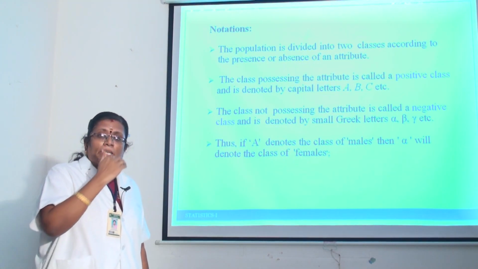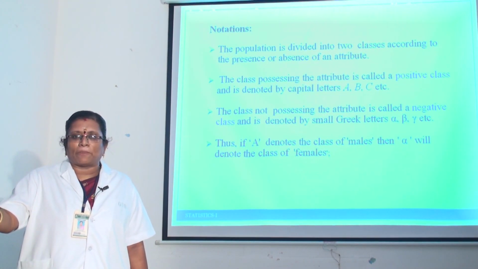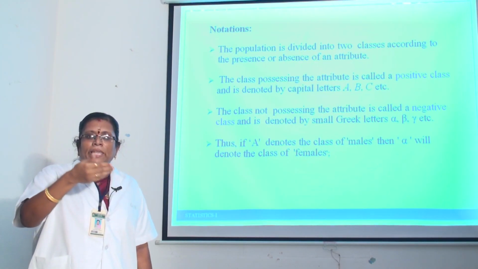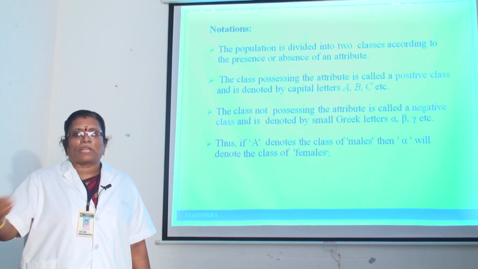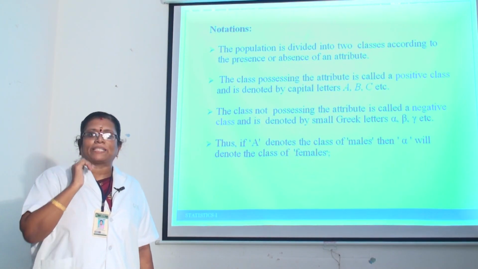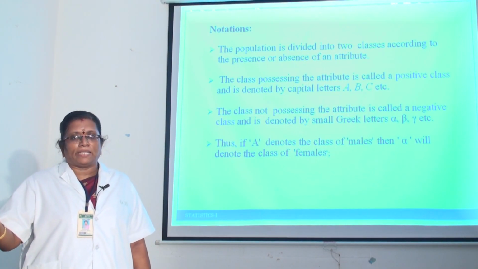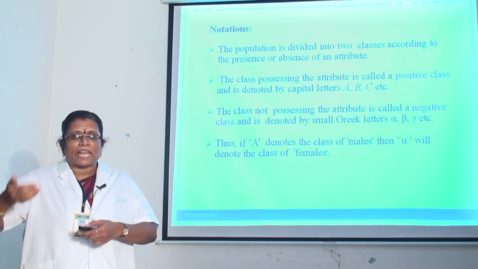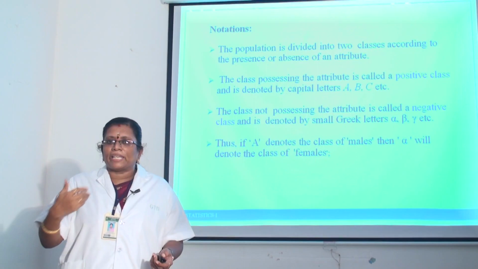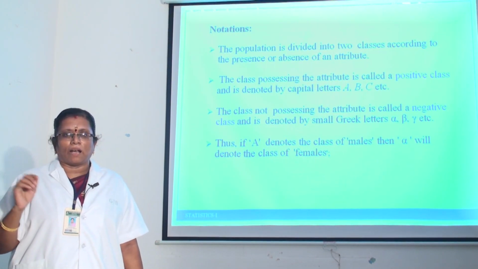Suppose you take a student. He passed in physics, passed in chemistry, and passed in mathematics. So how many things are there? Totally three: physics, chemistry and mathematics. So three positive things. If he is passing in all three, that is positive, and it will be denoted with capital A, capital B, capital C. Whereas the negative class, failed in the three subjects, will be denoted with alpha, beta and gamma.